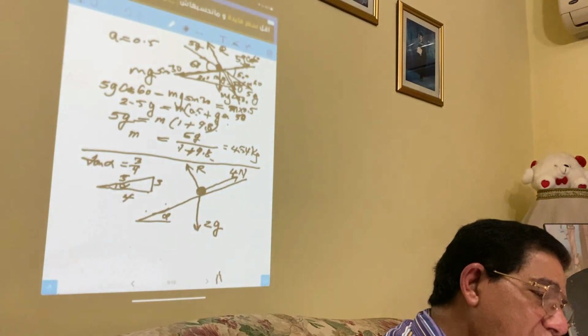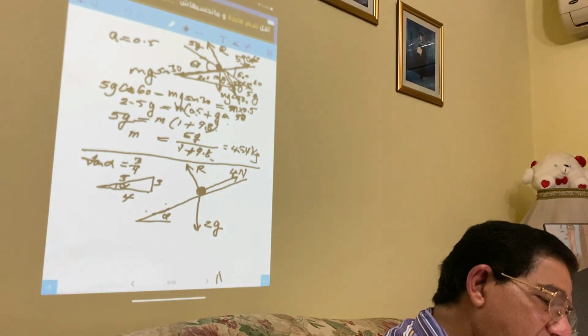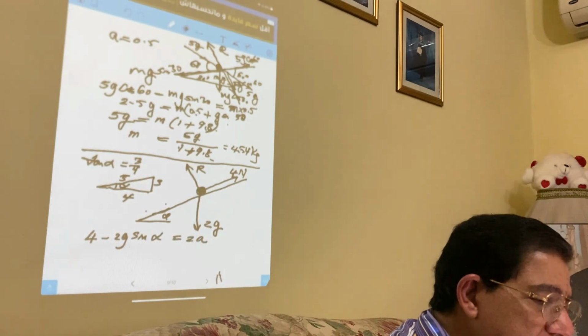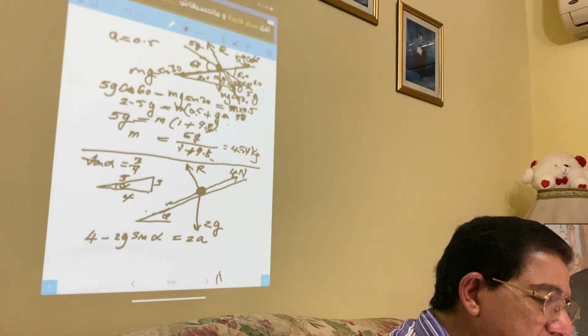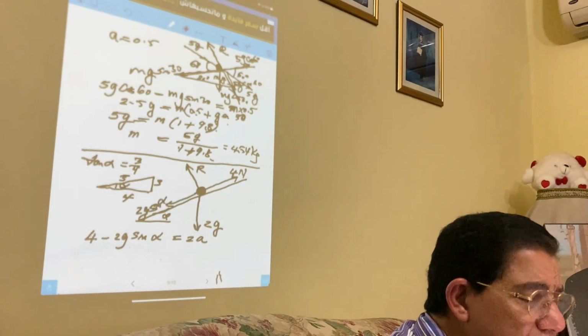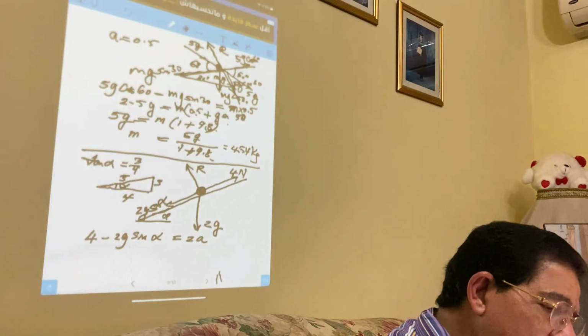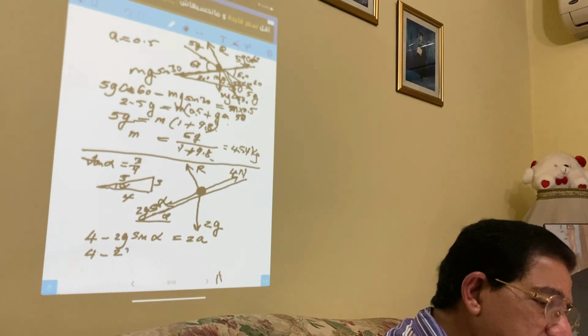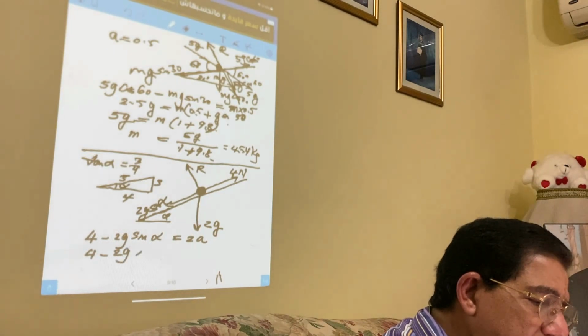We are going to say that 4 minus 2g sine alpha equals 2a. That's it. This is 2g sine alpha. So 4 minus 2g, and sine alpha is 3/5, equals 2a.